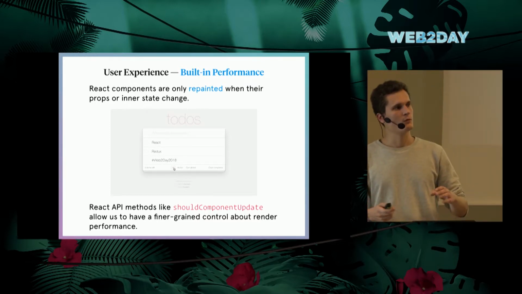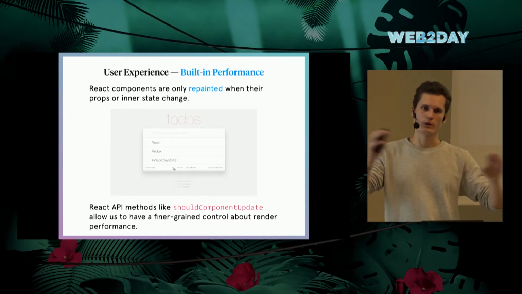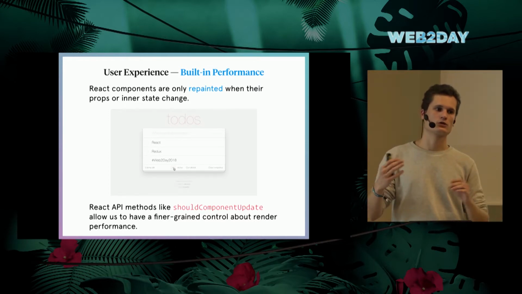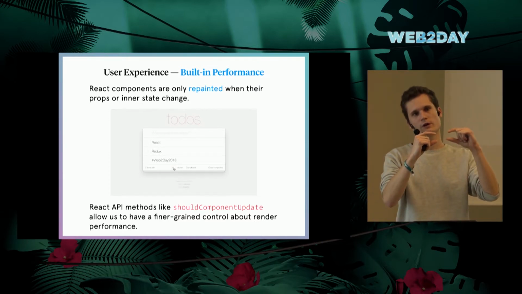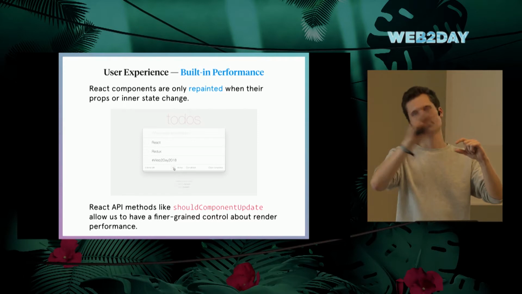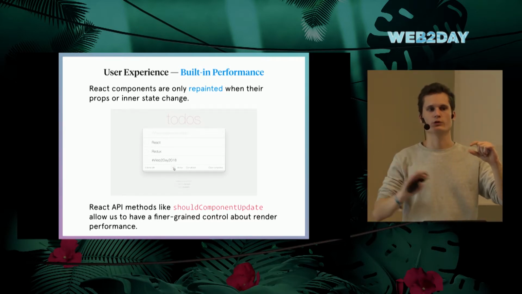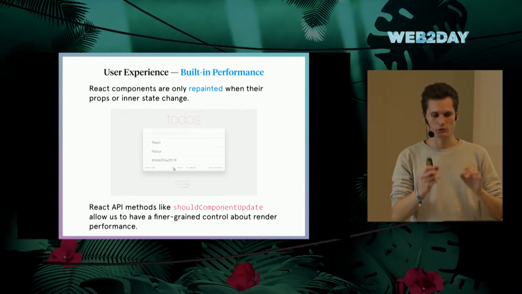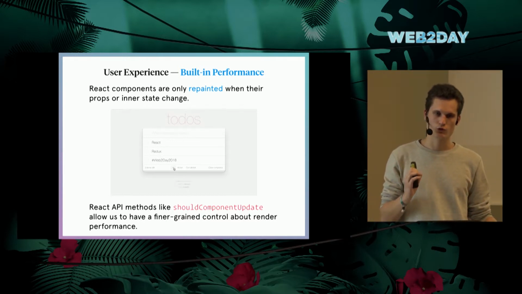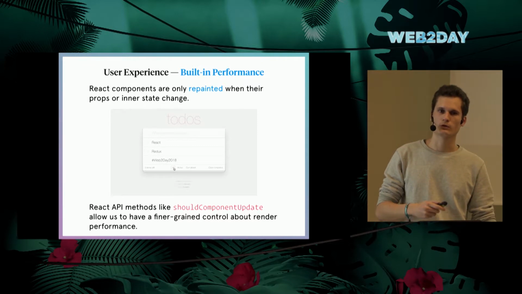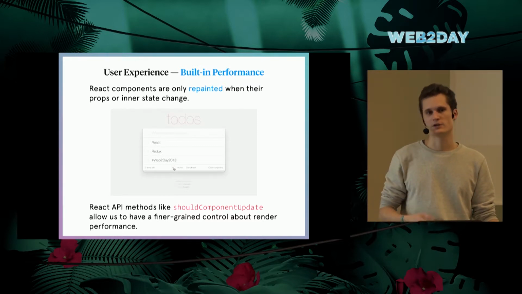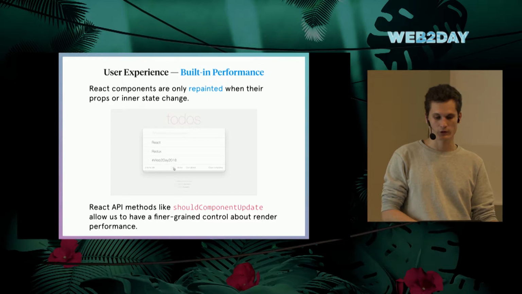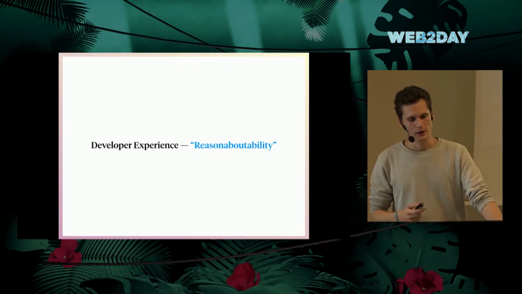So if you have a pretty extensive, I don't know, dashboard with lots of data coming in and out, you can actually say, okay, when this little piece of data is updated, don't update the dashboard because it's actually not shown on the screen. And so you have really fine-grained control over how the render is done by React. So this is really cool as well.